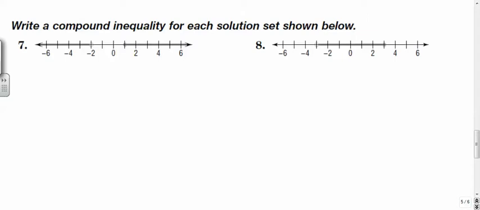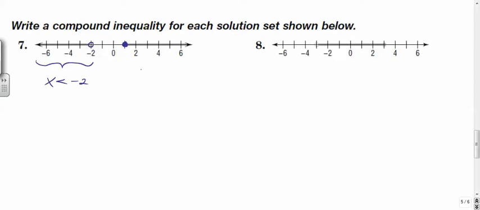Now this is working backwards. Number 7, hopefully you can see that, your solution set has an open, empty circle here and the full one over there, right? So for this part, you have what? Let's say x should be less than negative 2.